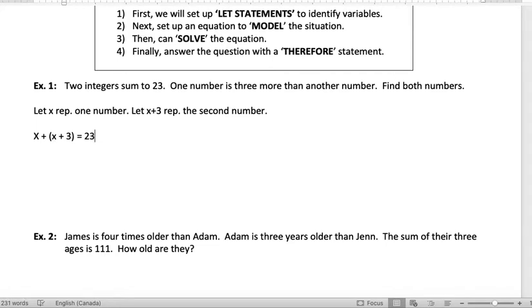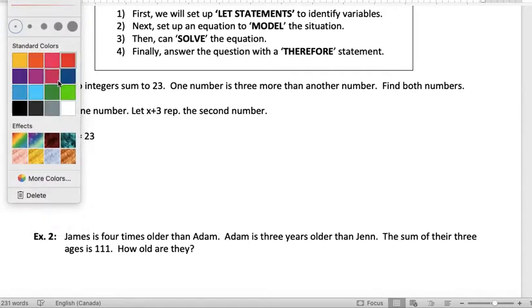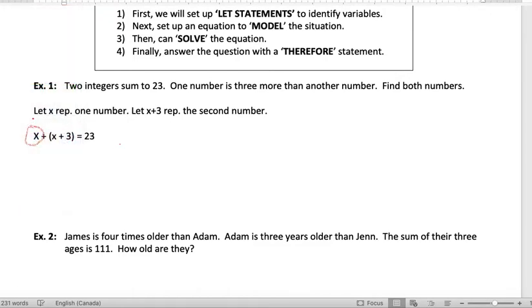We know this because x is our first number. We'll use red. So this is number 1. Let x represent the first number. And we also know that x plus 3 is our second number because we defined it so up here. So you don't have to put that in brackets.